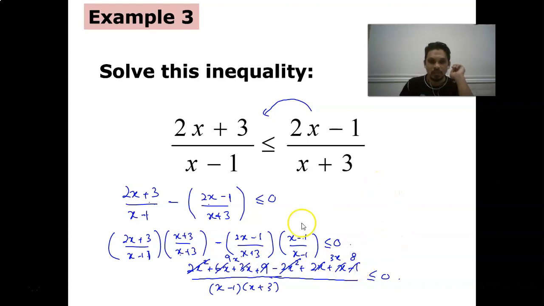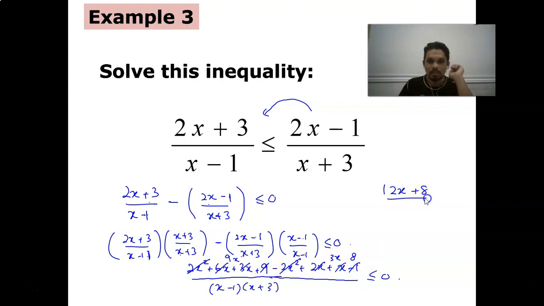So I can see now 9x plus 3x equal to 12x, and 9 minus 1 equal to 8.